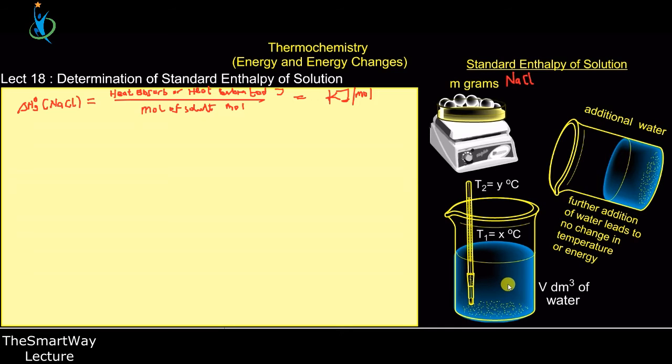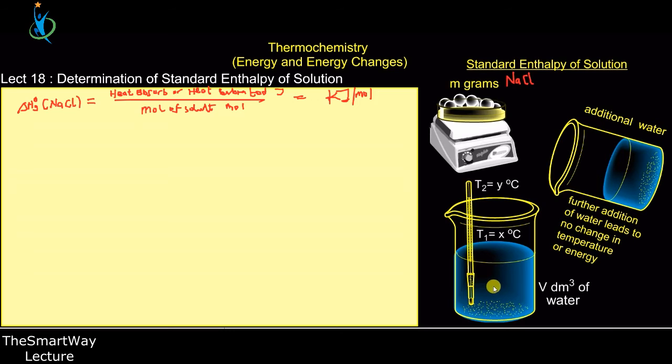Now please, this is very important, because if it doesn't dissolve completely, upon further addition of water, there is some amount of energy or temperature that will change. We don't want that. We want the salt to dissolve in the given volume of water completely, in such a way that further addition of water does not lead to any change in temperature. Have you gotten that? So when you add the mass of the salt to the water, make sure that you stir completely to allow maximum dissolution.